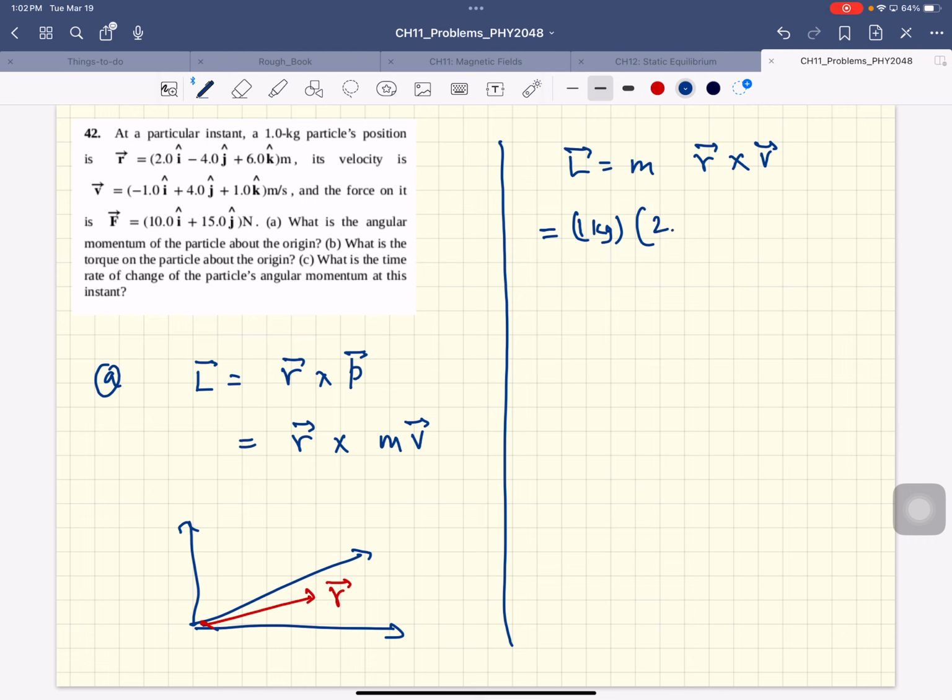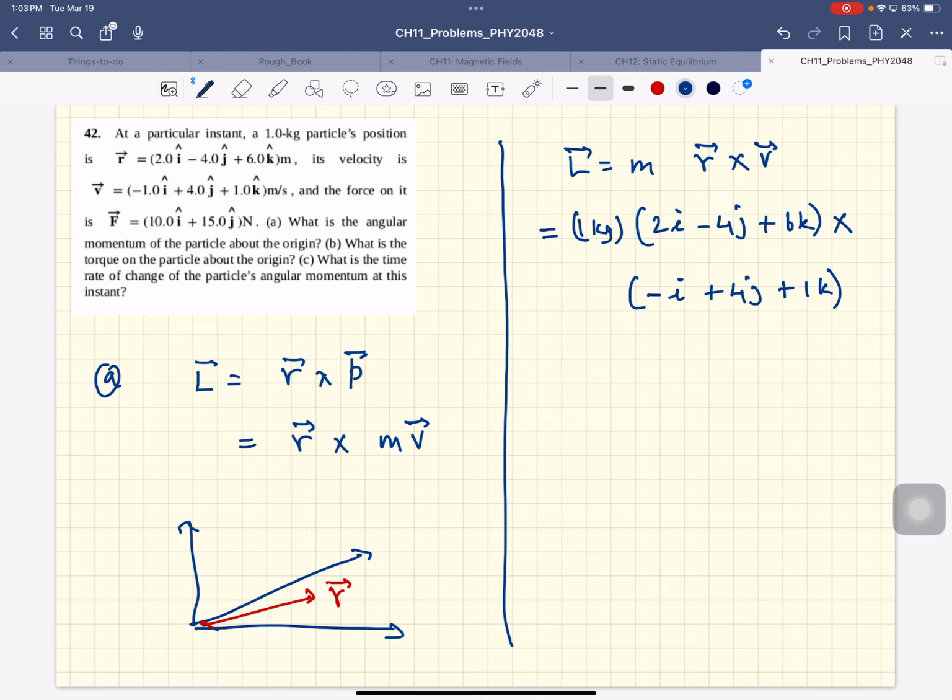R is 2i minus 4j plus 6k, cross v is minus i plus 4j plus 1k.